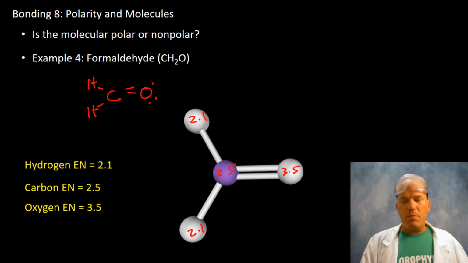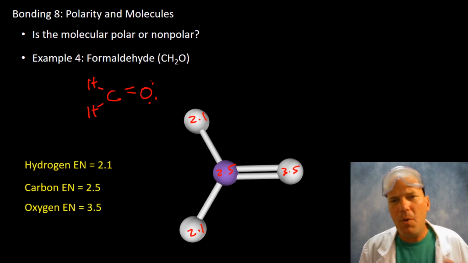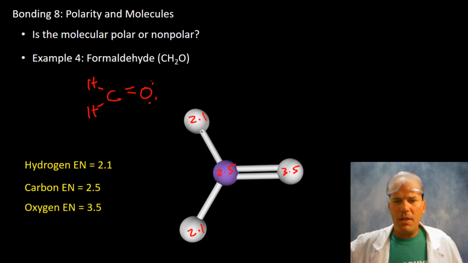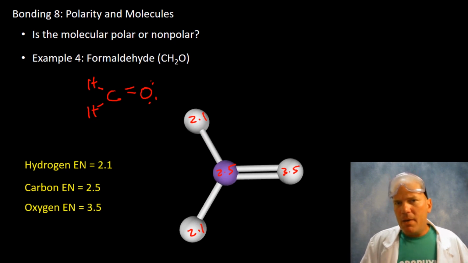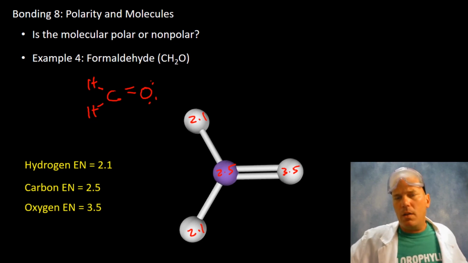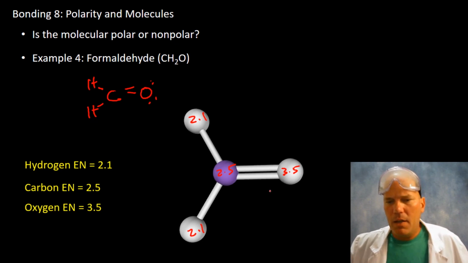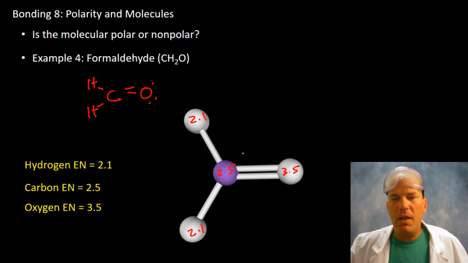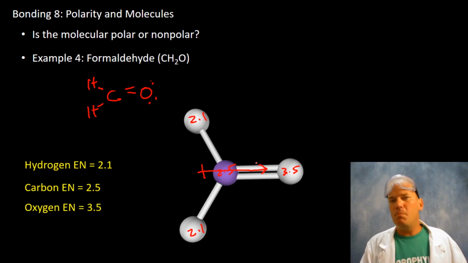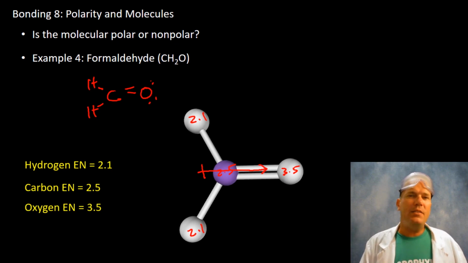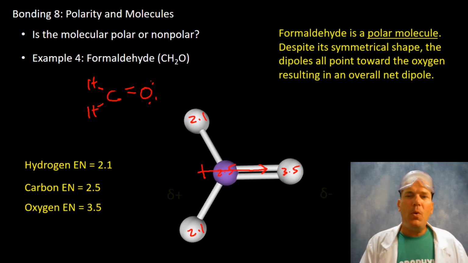So if you look, would you predict, despite its symmetry, that this is polar or non-polar? All right, so again, you want to look at, there's very minor, 0.4, 0.4, and if we were only looking at the bonds, we would say non-polar. But we're looking at the overall dipole that's being created here, and we have a big one. We have a delta EN of 1.0, which is going to result in a dipole moment, which means that this molecule is polar.